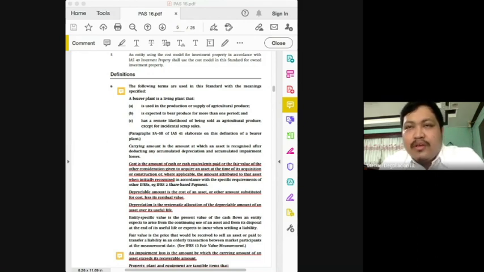The problem now is some students would think, oh, there is an exemption on plants and animals that they can be considered as a bearer plant. They would try to extend it, class. They would try to extend it to animals. The definition of bearer plant is obviously only for plants, class.